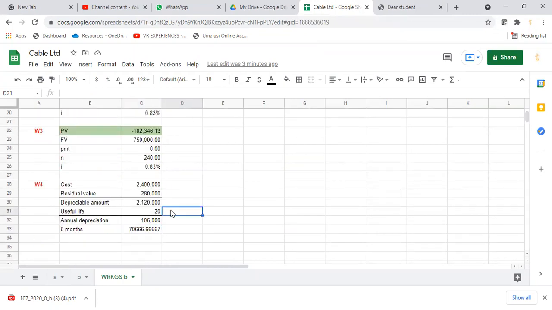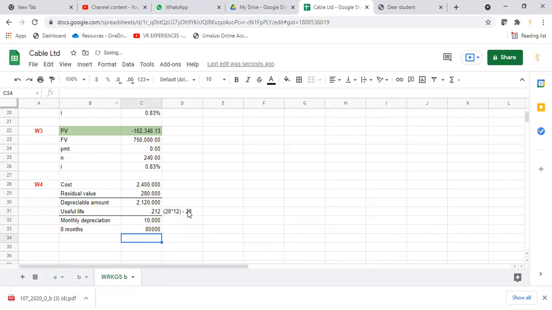So this is going to be 20 times 12, which is 240 minus 28 months. So the monthly depreciation is going to be calculated, and if we want 8 months, we just multiply that by 8.